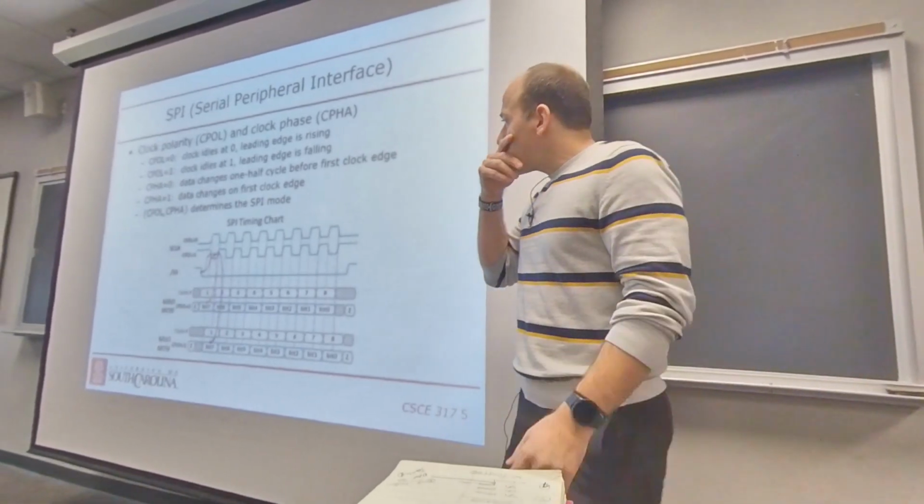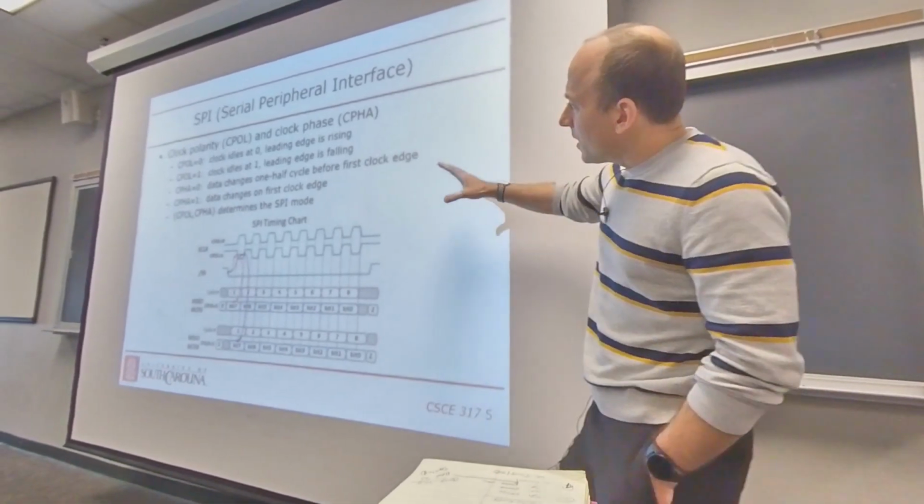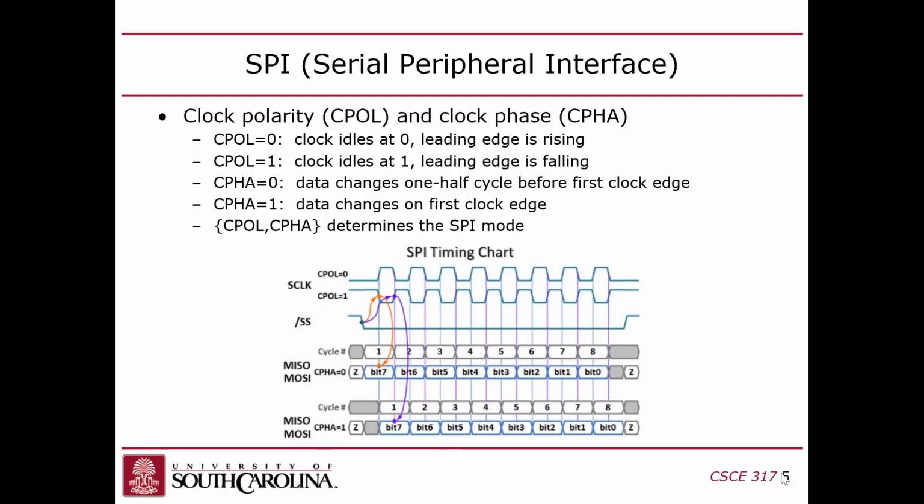Okay? So as you remember, SPI is synchronous. There's a clock that's driven by a master, and there's one bit that comes out of the master called master out slave in. That is the way that the master sends bits to the slave, and then the slave also sends bits back to the master with the master in slave out.